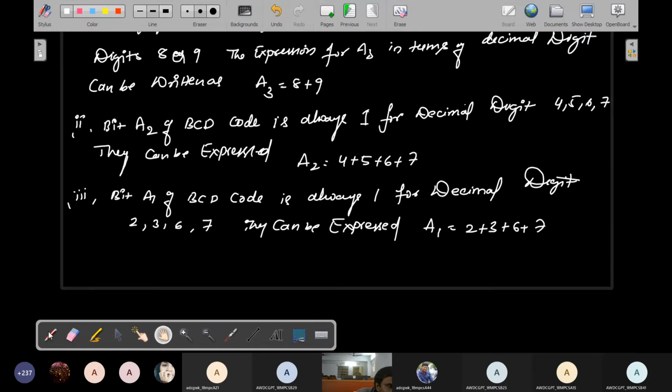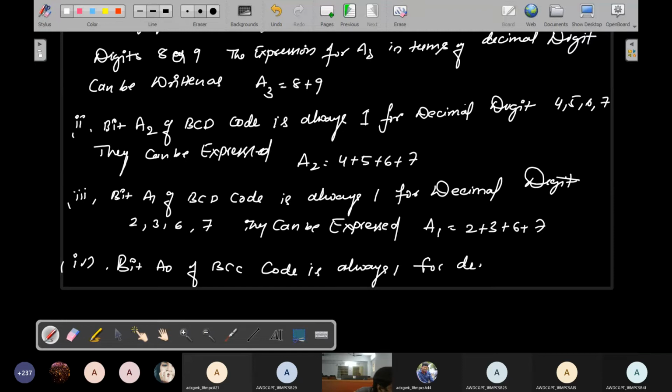Right now the fourth point, for A0. Bit A0 of BCD code is always 1 for decimal digits.